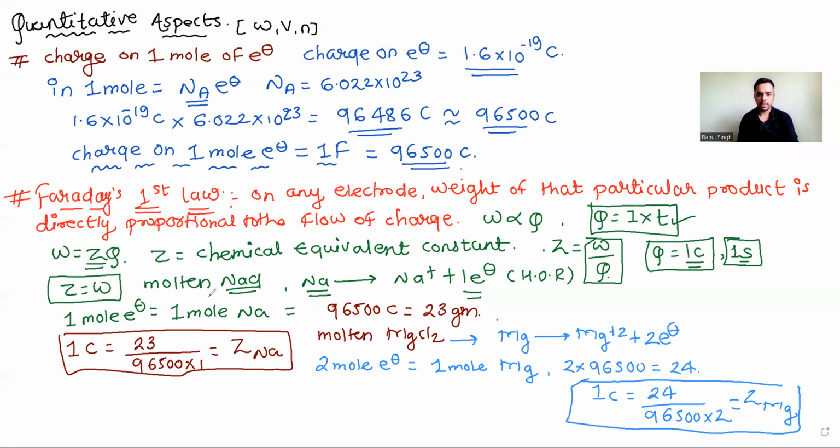Here we cannot do this cumbersome process each and every time. What we wanted was to calculate the 1 coulomb part, so we can use a formula. That formula is the molecular mass or atomic mass divided by 96500 into the n factor, the number of electrons.